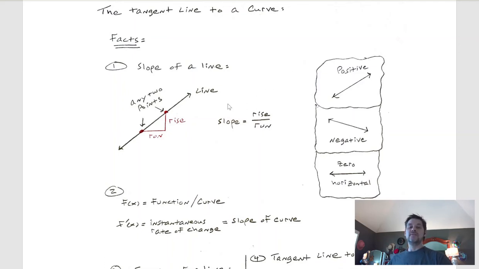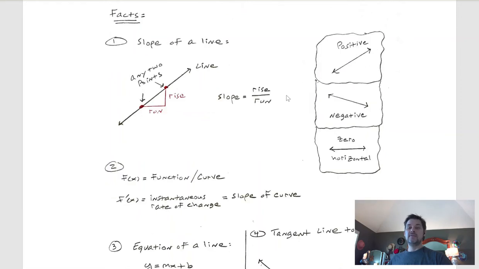As far as different kinds of slopes, if a line was going up to the right, it would have a positive slope, a positive number, that is. And if a line was going down and to the right, it would have a negative slope, a negative number. And the bigger the number, the steeper the line is, either in the positive or negative direction.